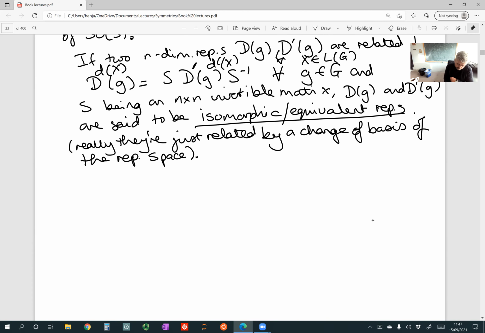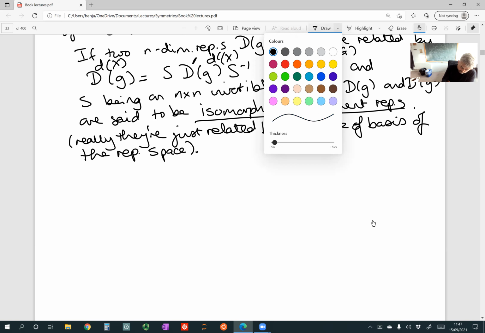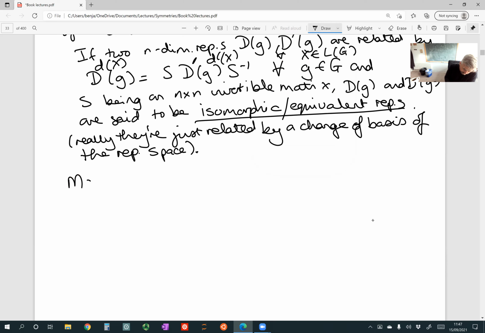Okay, so there's a new section and it's going to be called Making New Reps from Old. New representations from old ones.